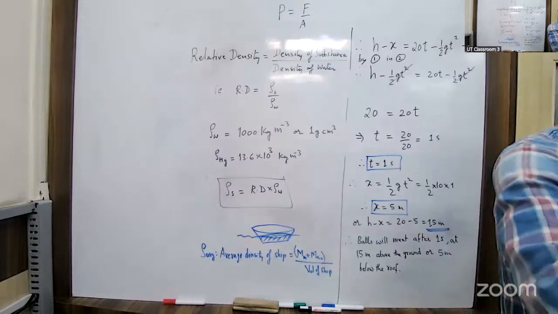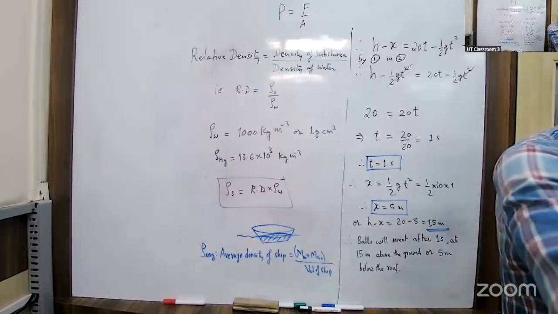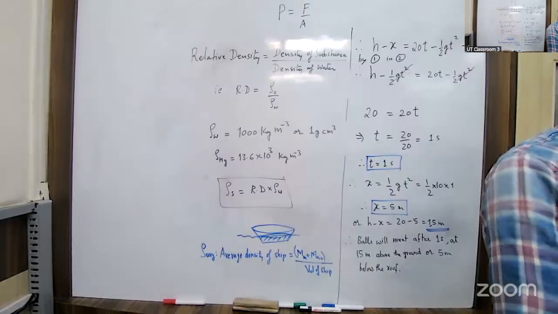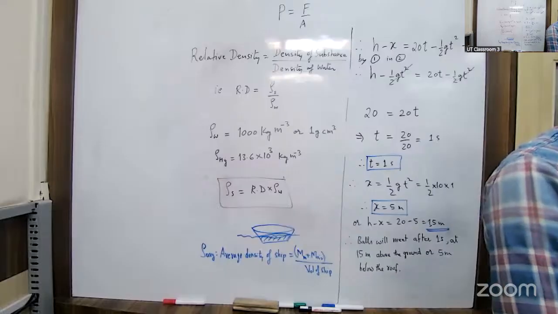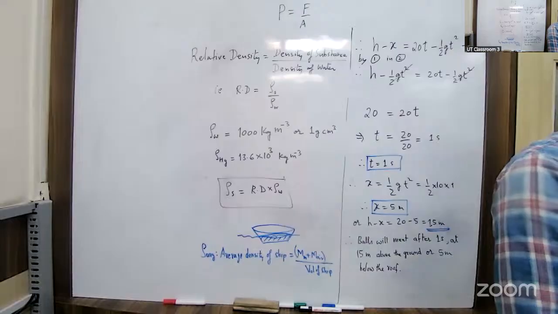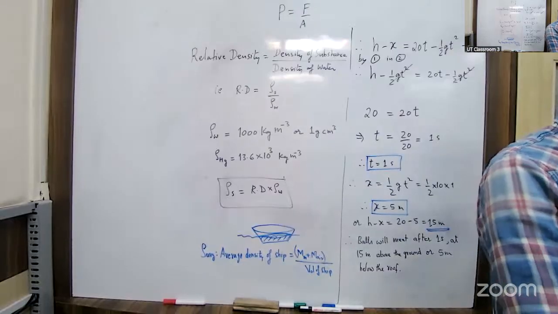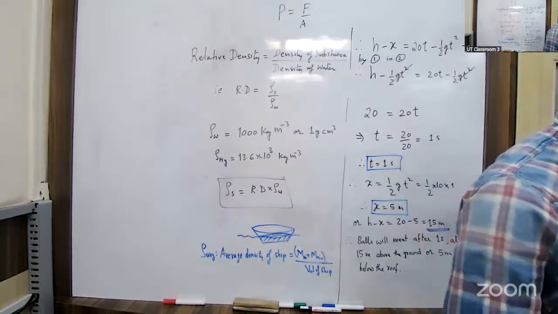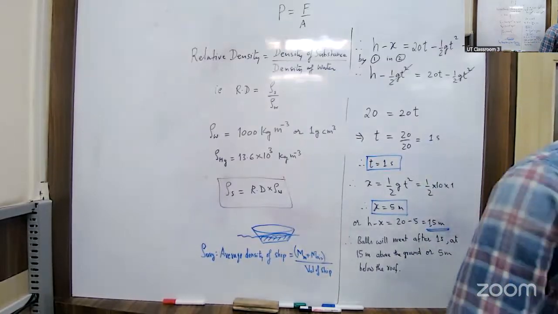So you may feel lighter while weighing the cotton, but when you weigh the metal block, you may feel heavier. Such interpretation-based questions might be there. So both answers are correct depending upon how you read the situation. Okay, let's do the classwork numerical.